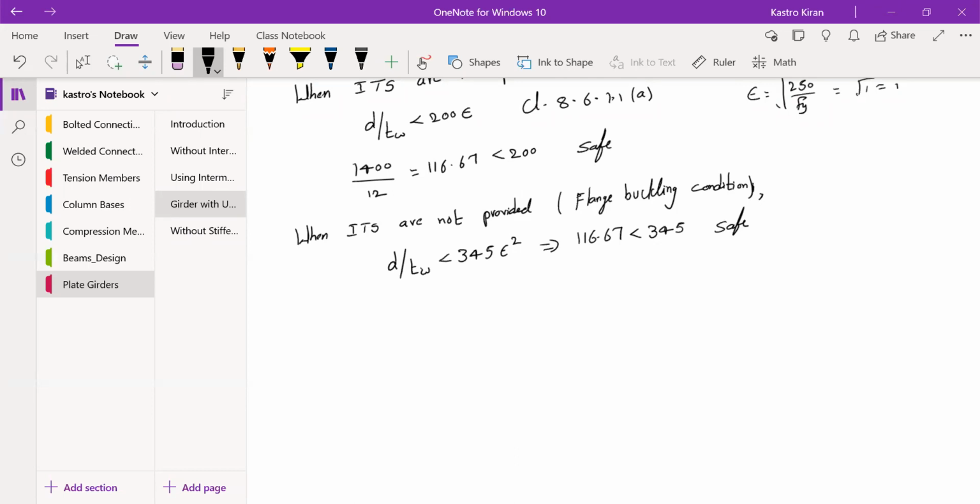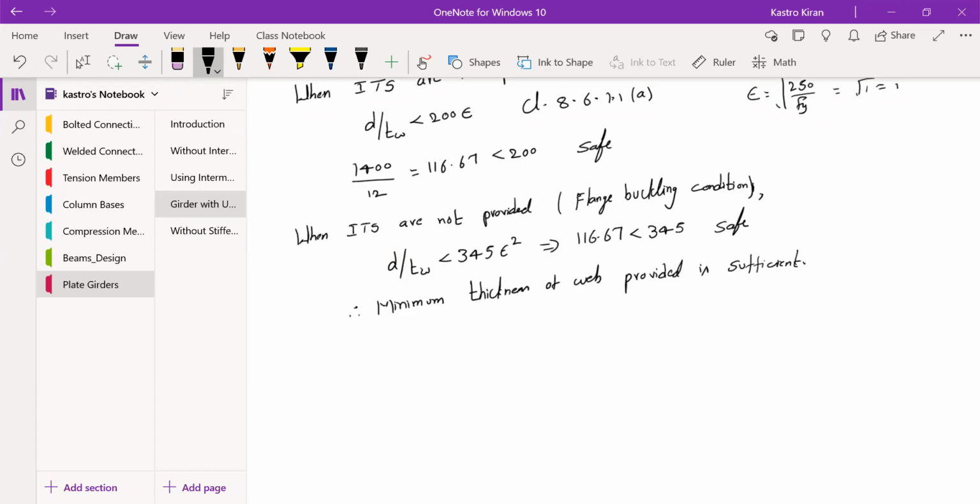That means you have to either increase or decrease the thickness of the web based on the value you are getting. Therefore, the minimum thickness of web which is provided is sufficient.